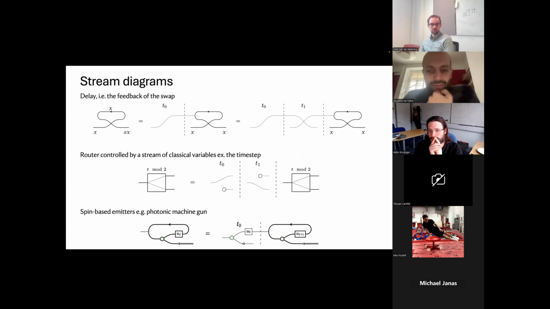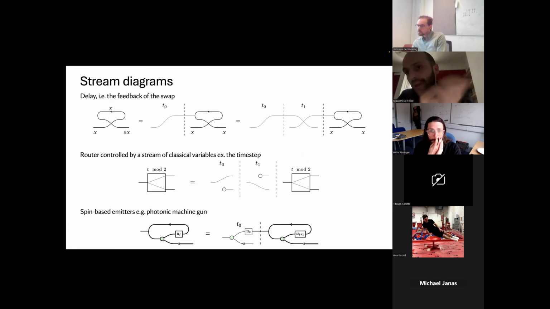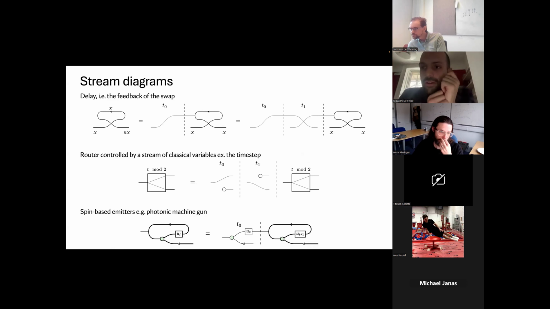And similarly, we can define a spin-based emitter. The stream construction will work over any graphical language as a base. In particular, it works over linear optics, like we've looked at so far, or over ZX diagrams as well.